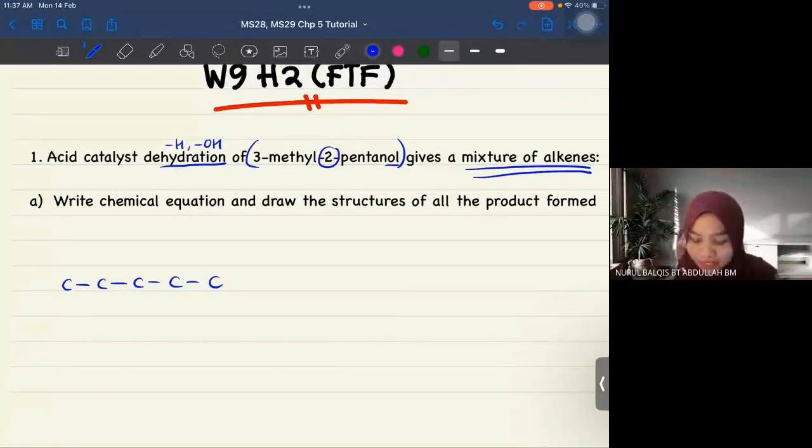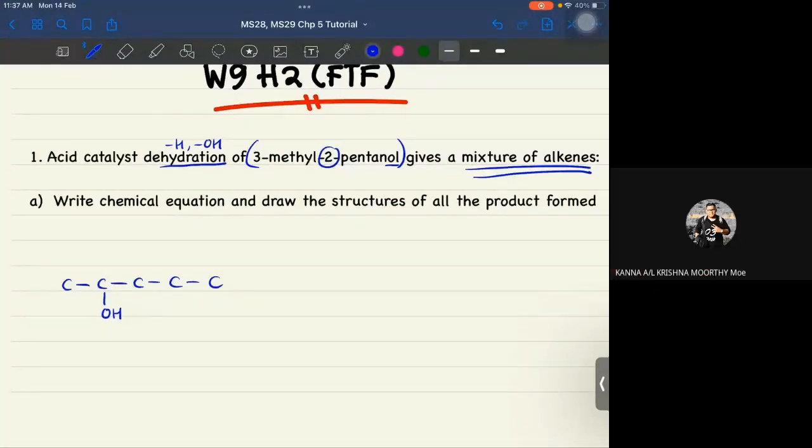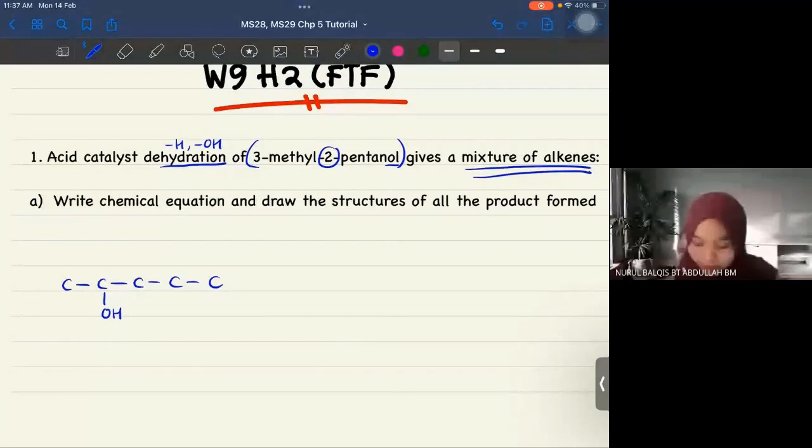So at carbon number 2, let's say we start numbering from the left, we have OH attached to carbon number 2. What about carbon number 3? Substituent. So at carbon number 3 we have CH3. And then fill in your structure with hydrogens: CH3, CH, CH, CH2, CH3. This is your 3-methyl-2-pentanol.